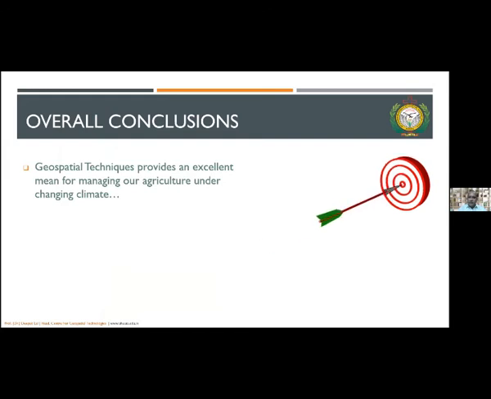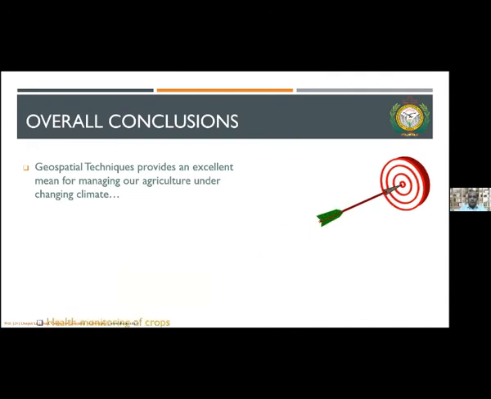Of course, we are doing a lot of things for minimizing the climate change effect, but that needs to be done at a global scale, and it will take some time before we see the impact of all those positive things that are being done to slow down climate change. But before that, what we need to do is figure out how we can sustain our agriculture.